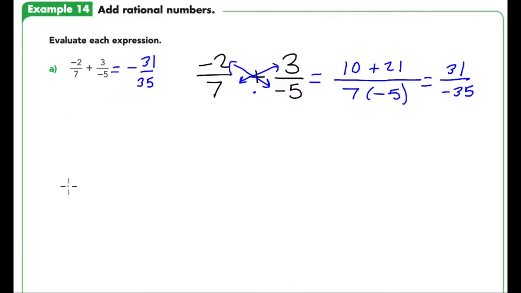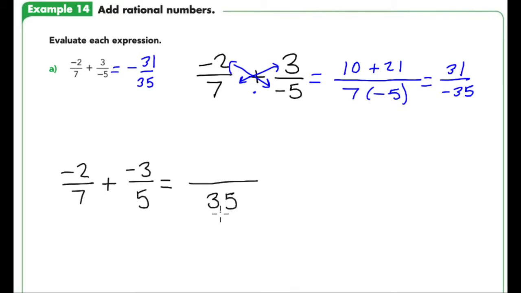Another method that we could use with this problem, we could rewrite it with the negatives on top. So I'm going to rewrite this as -2 over 7 plus, instead of having 3 over -5, I'm going to put it as -3 over 5. And we apply the same process here. 7 times 5 gives us 35 on the bottom.